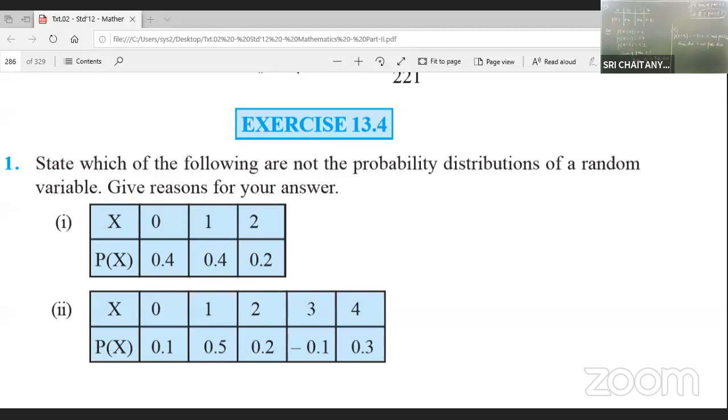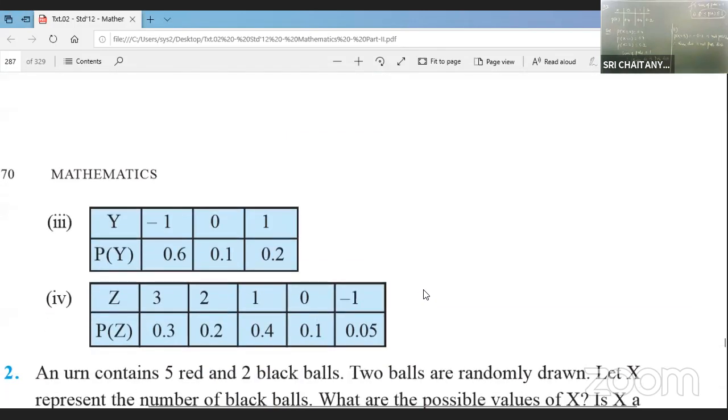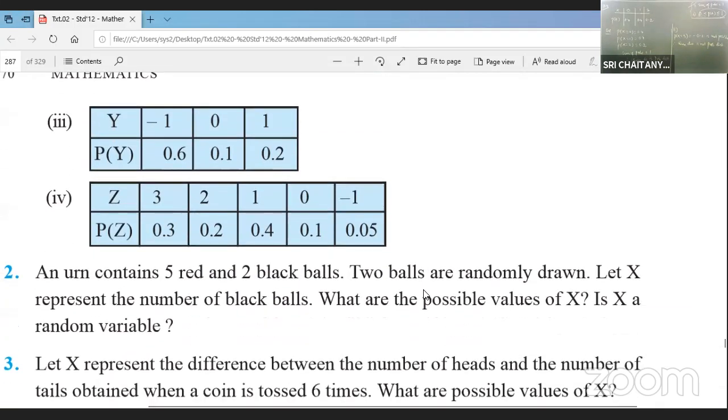Yes, see the third problem. You should write like that. See the third problem on the board. Here he has given you y equal to minus 1. It is possible, because the domain can be a sample space, and it is minus 1. But you should not get a negative probability value, like minus 0.6.